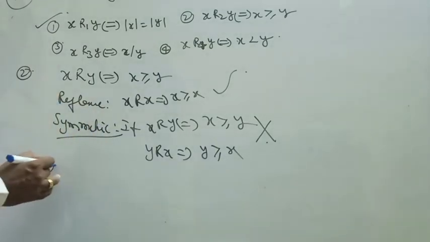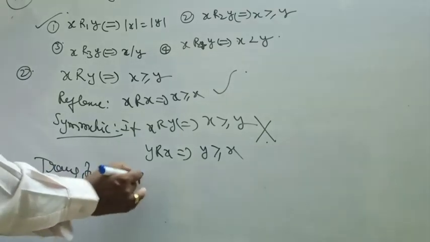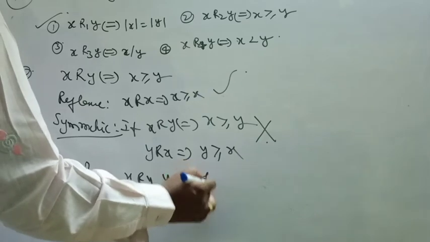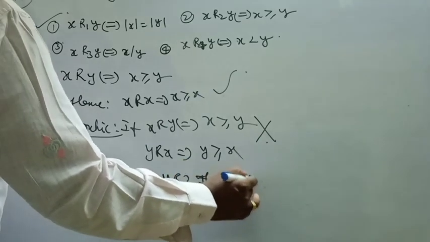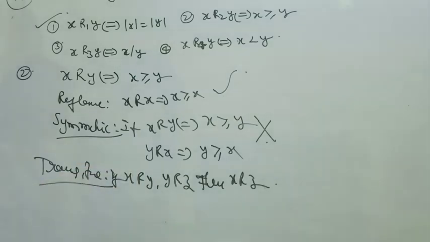And let us check transitive even for conceptual purpose. X related to Y is given, Y related to Z is given, then we should prove X related to Z. This is what transitive means. How will we prove it?